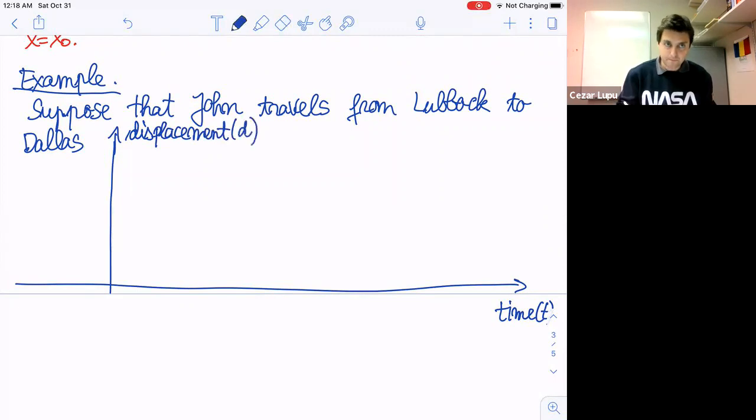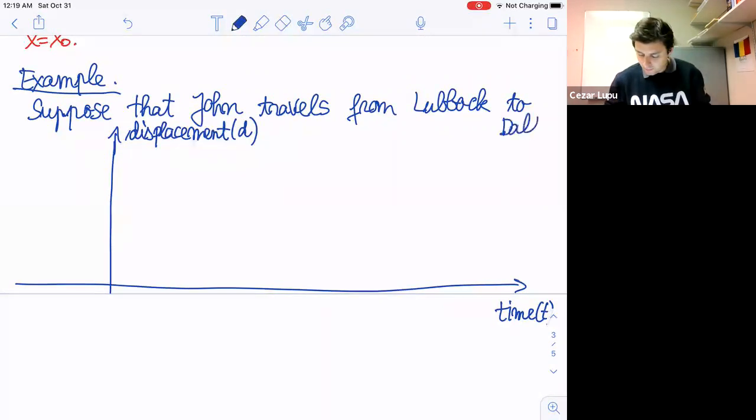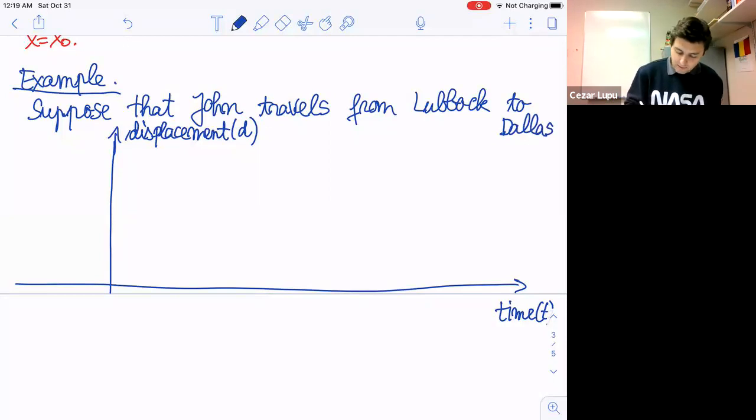And let's just say that the distance between Lubbock and Dallas, as far as I'm concerned, I think it was something like 346.6 miles. Okay, let's put it somewhere here.